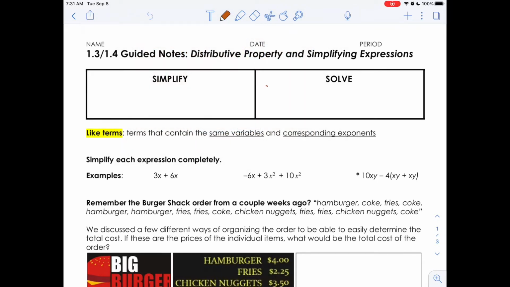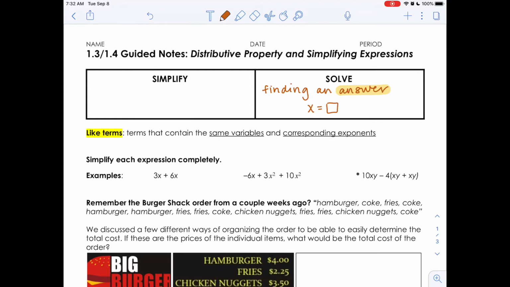So we're going to write that down. And that keyword there is answer. There's going to be like a single solution. So we'll end up with x equals a number.